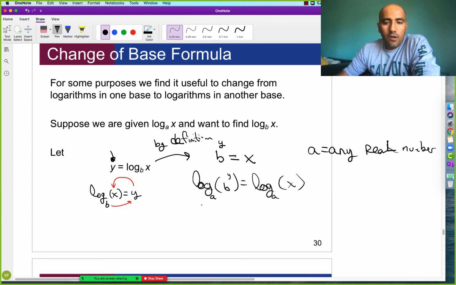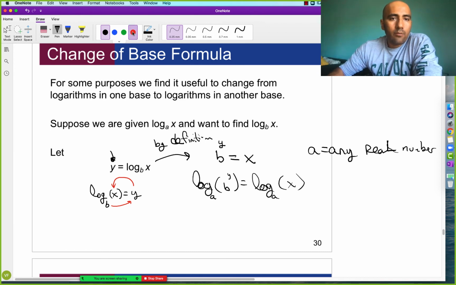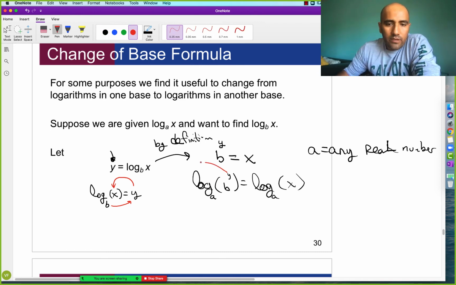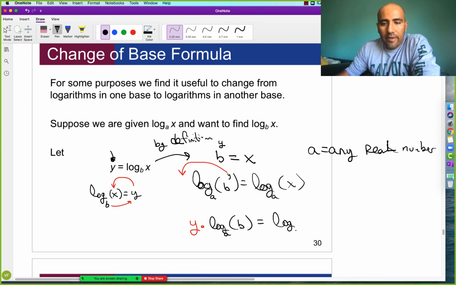Good. Okay, so now we have our properties of exponents. We can move this guy out in front and rewrite it as y times log base a of b, which must be equal to log base a of x.